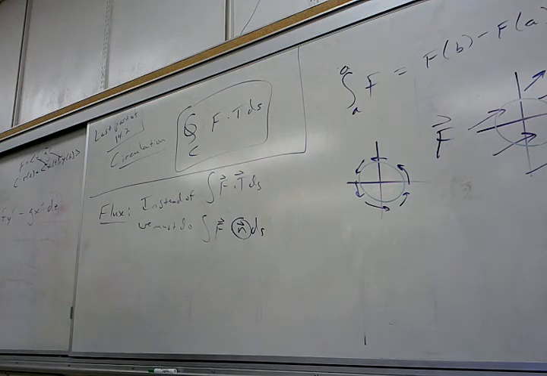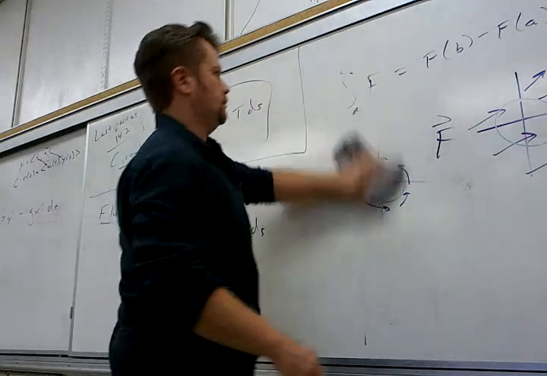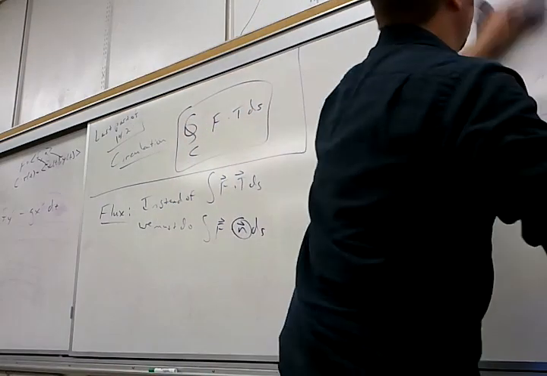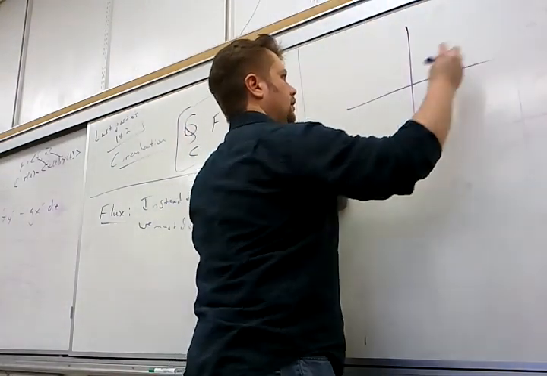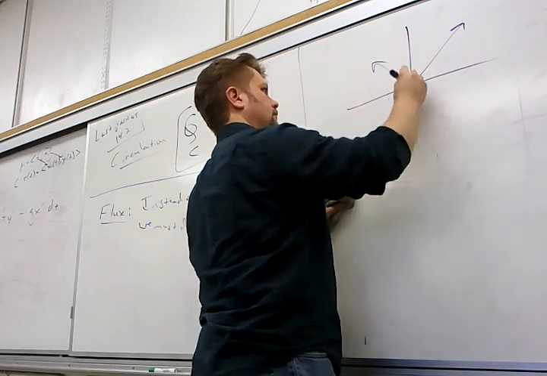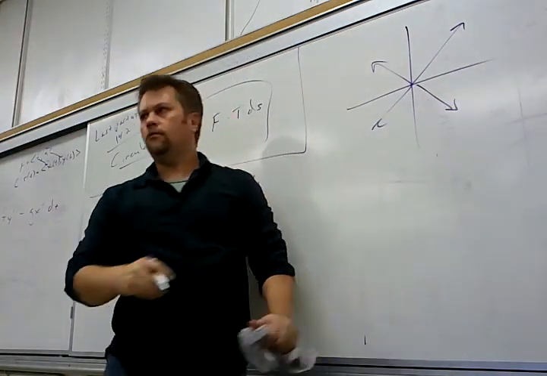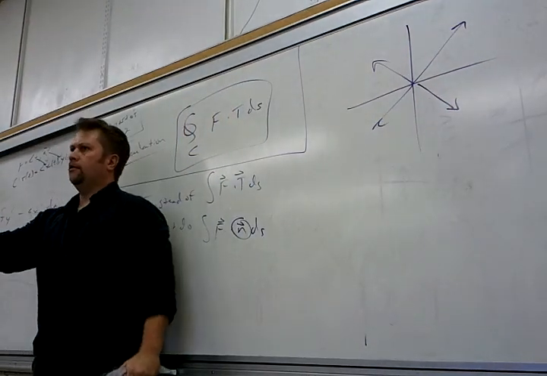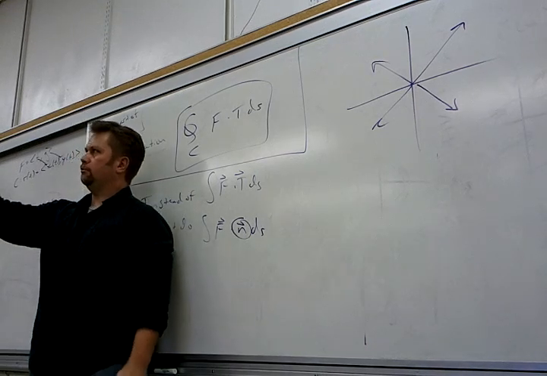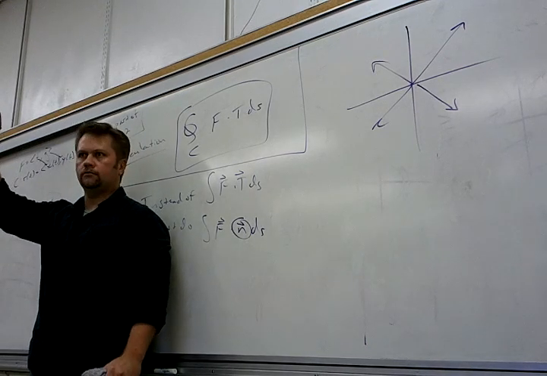So the easiest example of this is really exactly the same as the easiest example with the tangential. A field like this, what did not work well with tangential integrals would be a circle, right?